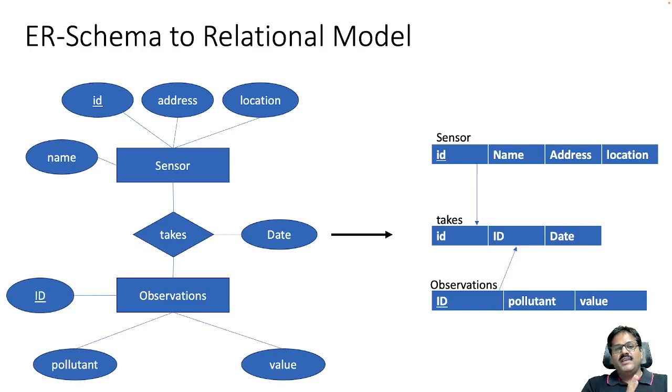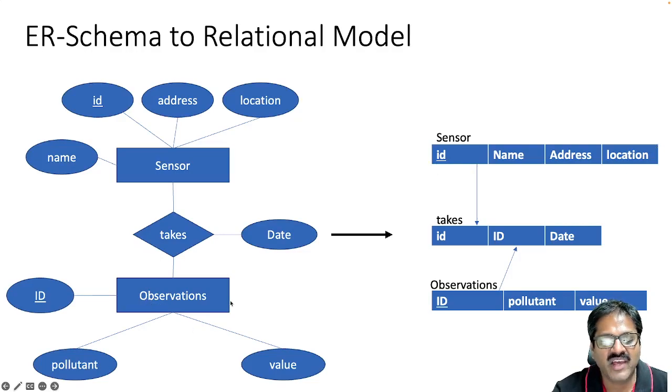So here is the thing. We have the ER schema. When we convert the ER schema into the relational model, we get the following. The entity is sensor, so the entity became the table name sensor. The attributes of the entity became the column names.